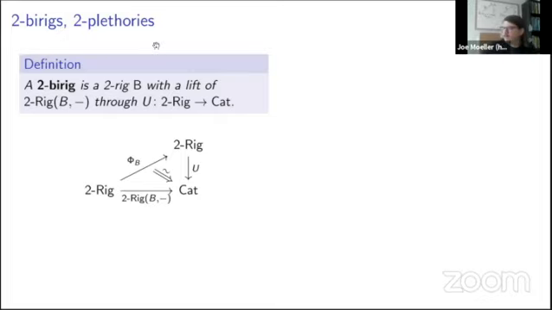So we're going to skip writing down the cooperations definition and go straight to this other characterization of birings and say that it has a lift of its representable functor. And this is what we're going to take as the definition.